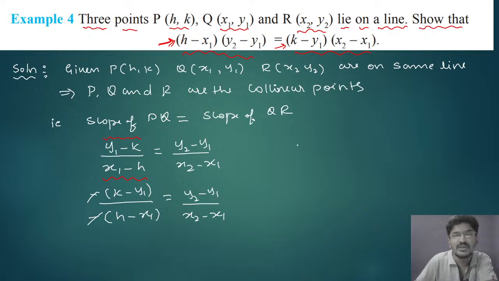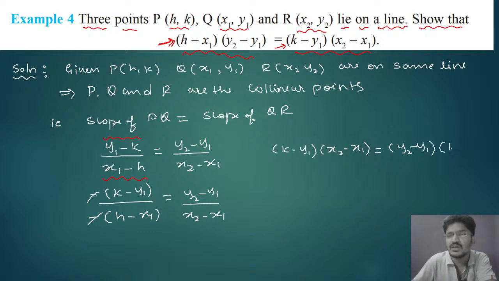If I do the cross multiplication, you are going to get (k minus y1) into (x2 minus x1) equal to (y2 minus y1) into (h minus x1).